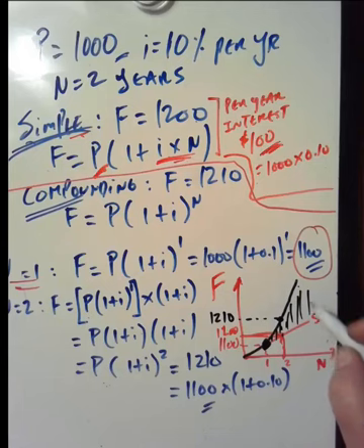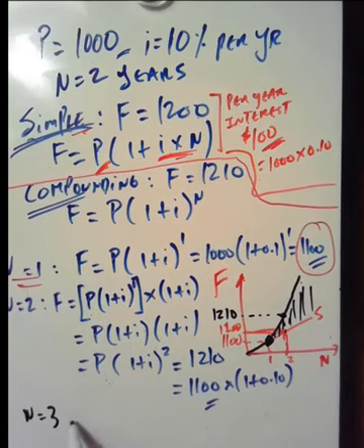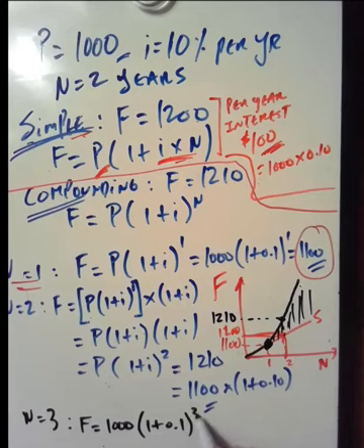Then as time goes by, the difference starts getting larger. For example, for the compounding interest method, if n was equal to 3, then the future value would be equal to how much we invested times 1 plus the interest rate to the power of 3, and this would give 1,331.